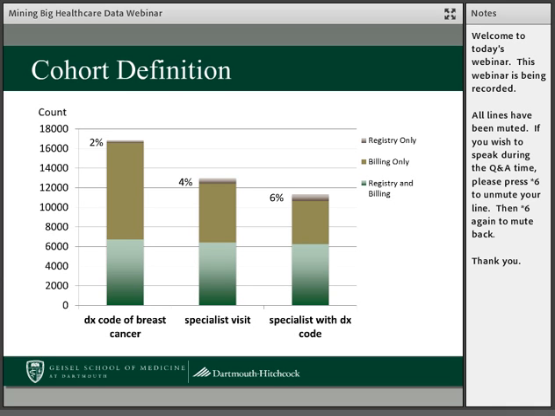So the bottom green part shows us patients who are in both the registry and in the encounter data, which is used for billing. And then the darker olive, khaki colored green just shows us patients who show up only in the electronic health record billing data.